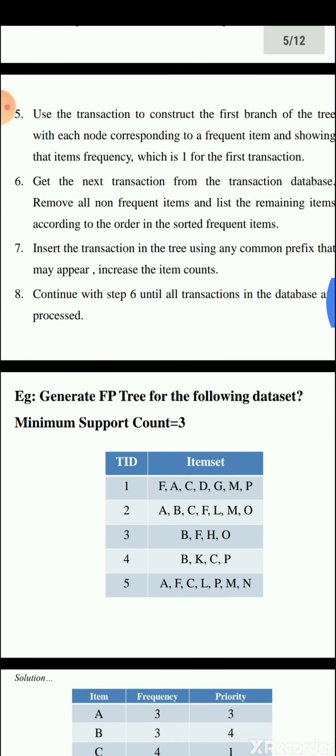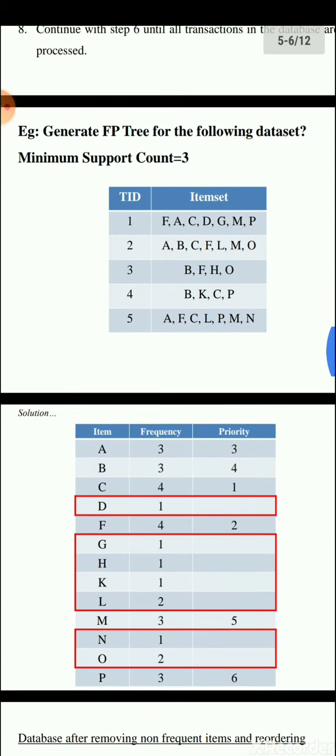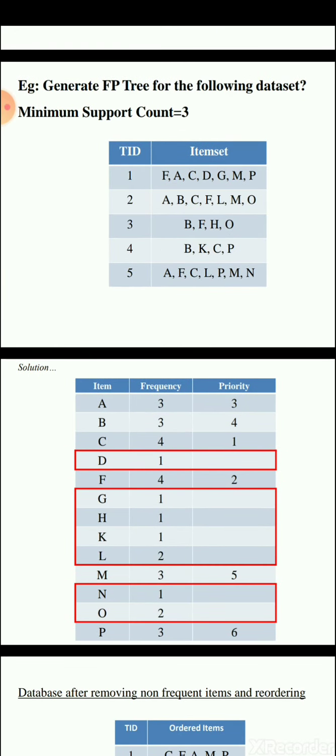The example is: generate the FP tree for the following data set. Here it is said that the minimum support count is equal to 3. This is the question, with the given transaction ID and item set. Sometimes in the question it is given as a percentage, such as minimum support should be 30%, so we have to calculate the minimum support count. In this case, the minimum support count is that percentage times the number of transactions.